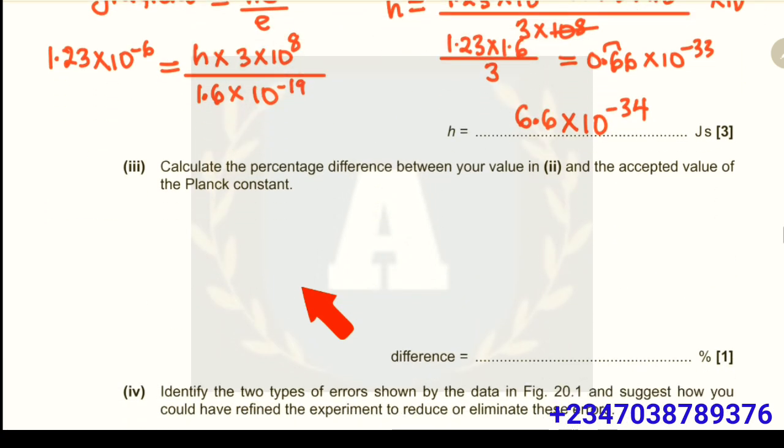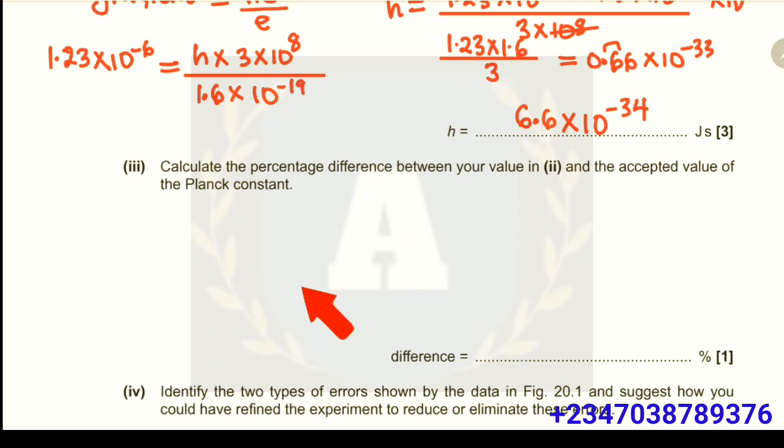And they said we should calculate the percentage difference between your value in Roman figure 2 and the accepted value of the Planck constant.